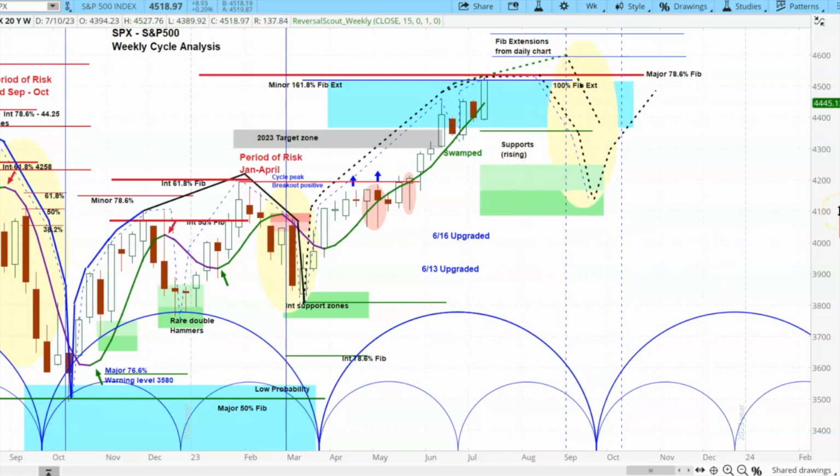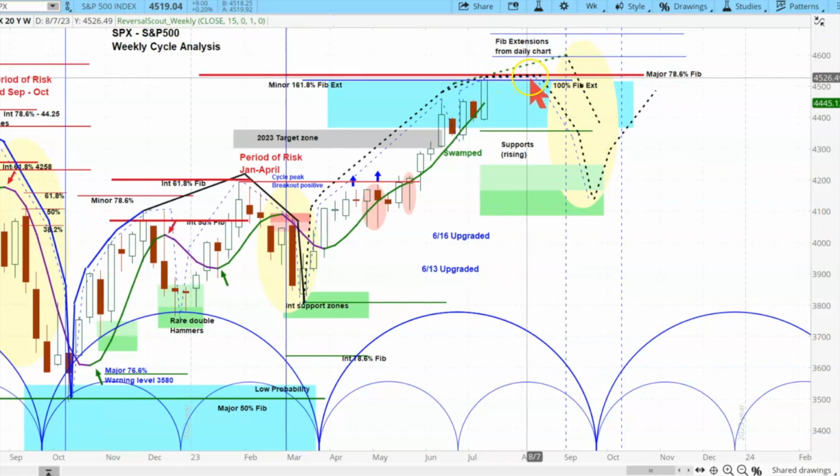With everything we're looking at still quite positive, we can't look for a top right now. Our analysis on implied volatilities on the VIX shows that the likely bottom in implied volatilities comes sometime around mid-August. That's why we're projecting.